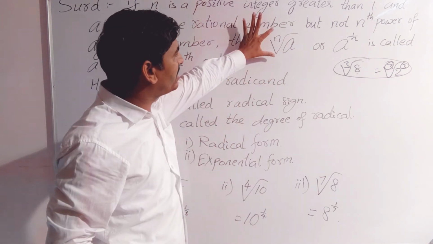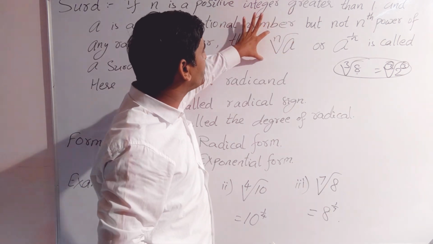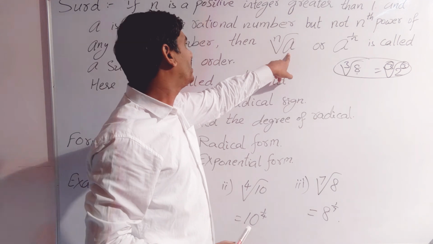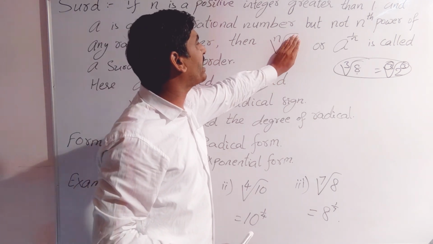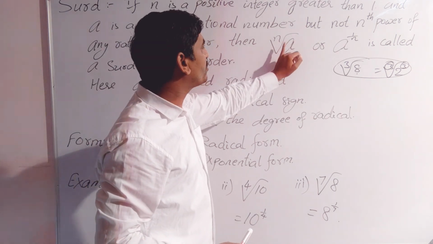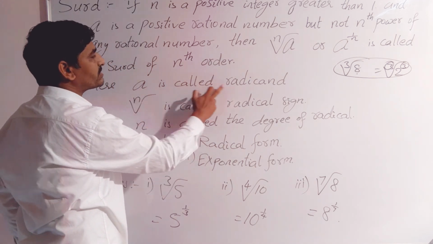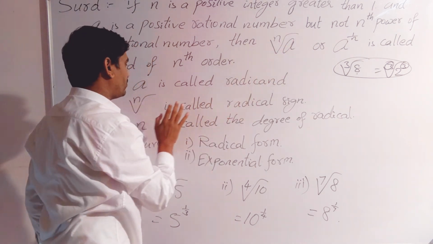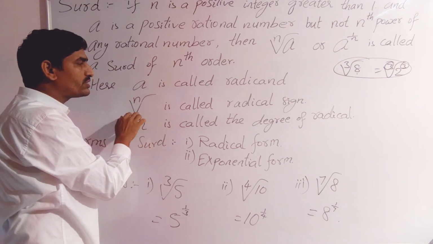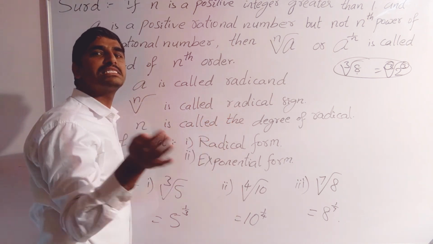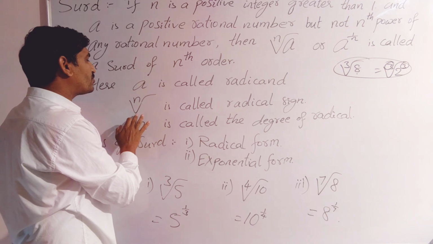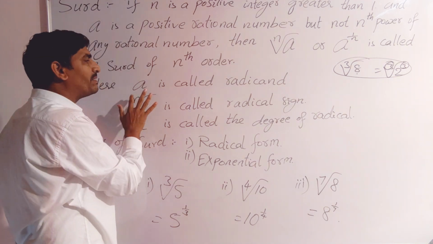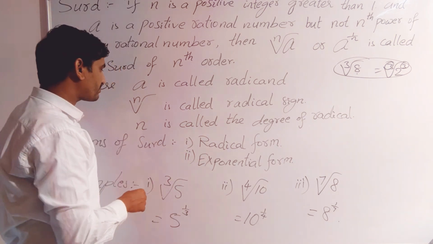In this symbol, a is called the radicand. The nth root symbol alone, except the value, is called the radical sign.